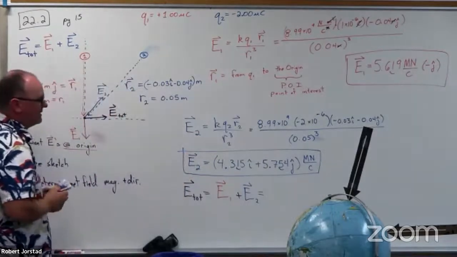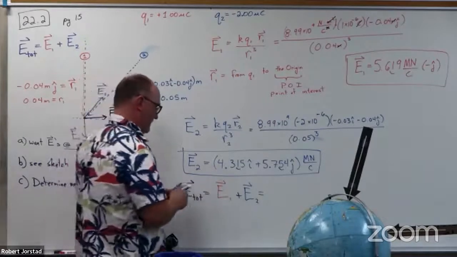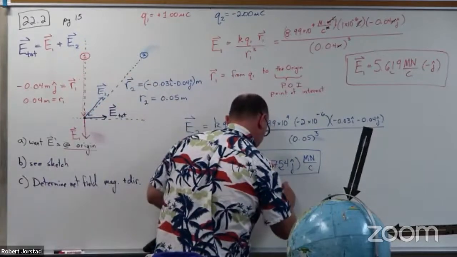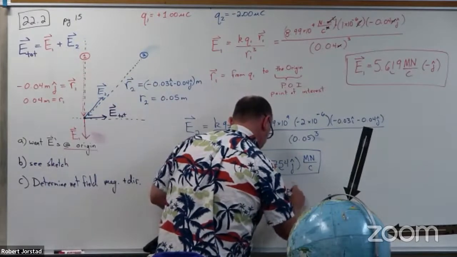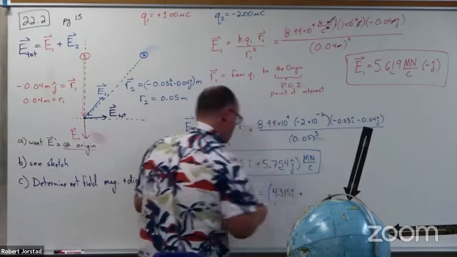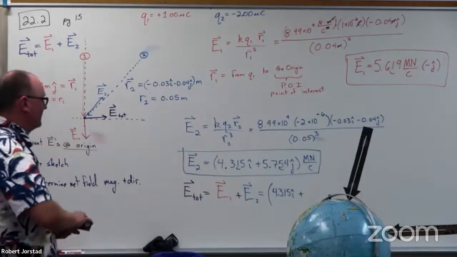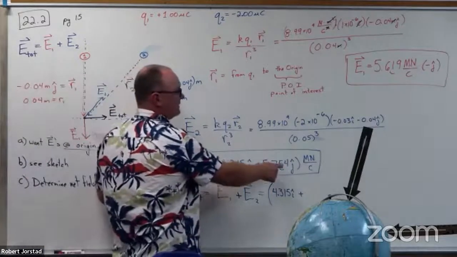When I do that, the E1 has no i hat, so this is the only i hat. And now the j hat is almost going to cancel out. Where'd my calculator go? So I've got 5.7 minus this.